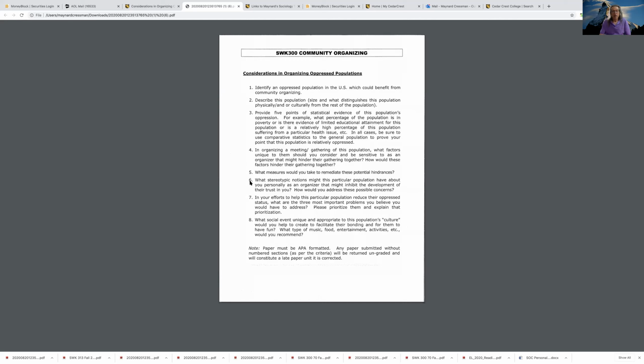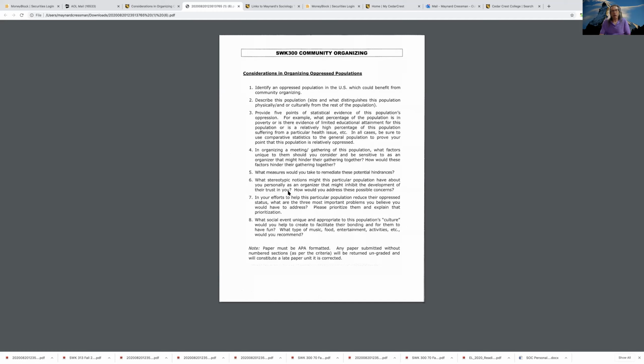Number 6, what stereotypic notions might this particular population have about you personally? I mean you personally, not the organizer generically. I mean you, whoever you are writing this paper. What stereotypic notions might this population have about you personally as an organizer that might inhibit the development of their trust in you?